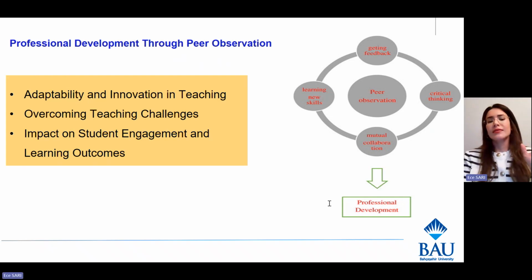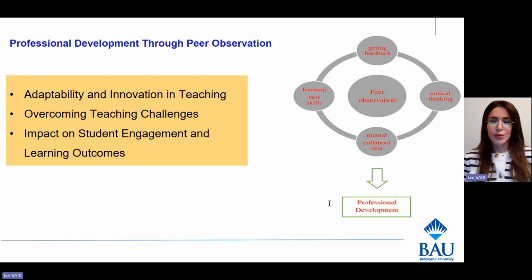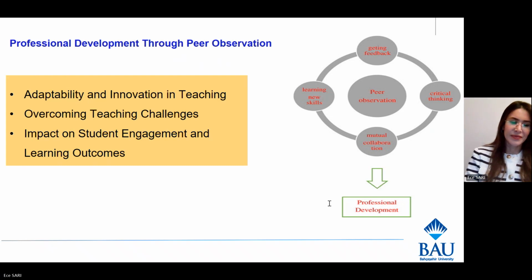Peer observation has also had an impact on how engaged students are and how well they learn. Because of what teachers learned from observing, classes are now more interesting. The effective teaching methods I learned and used through the peer observation process are directly responsible for the positive changes I have seen in student achievement and learning outcomes.